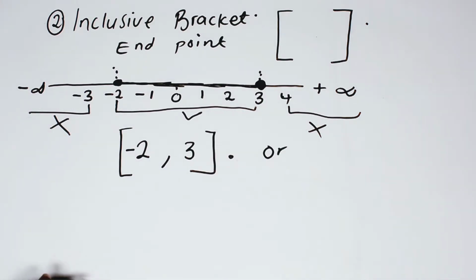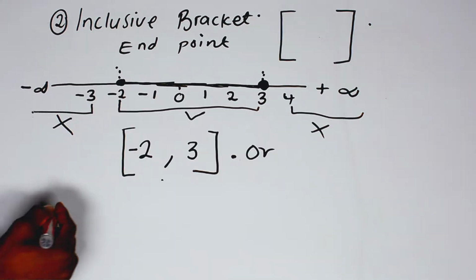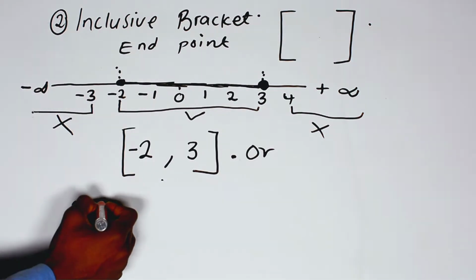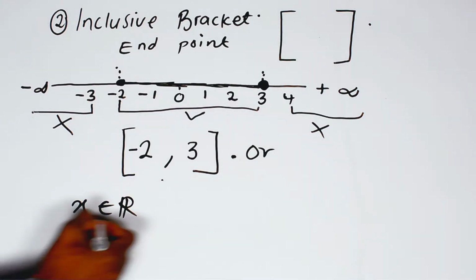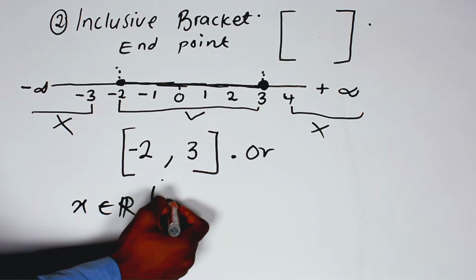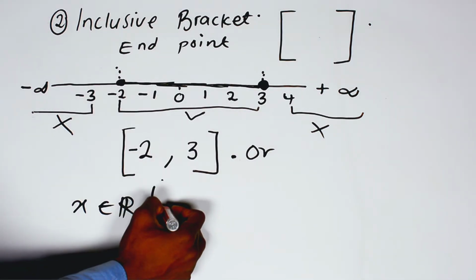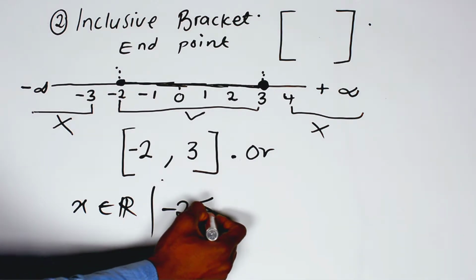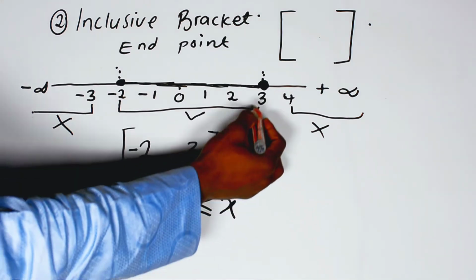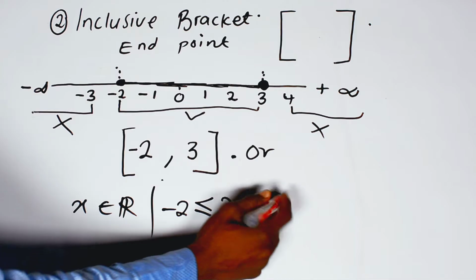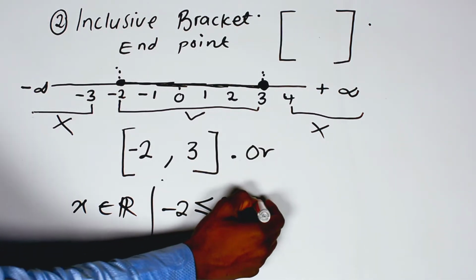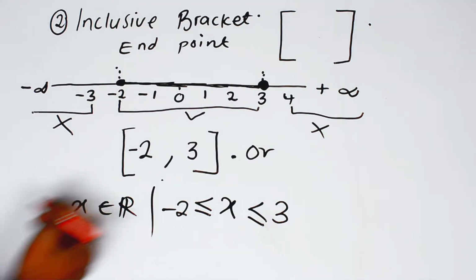Or this can also be shown in the form of notation. X belongs to real numbers such that negative 2 is less than or equal to x, less than or equal to 3.